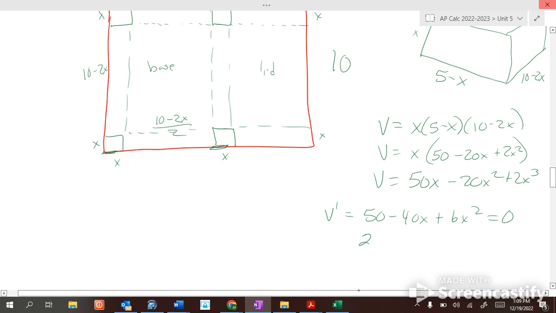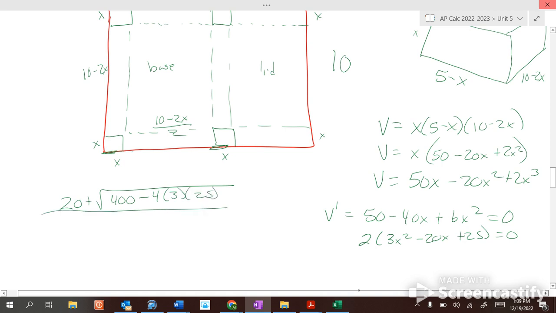So it's 2 times 3x squared minus 20x plus 25. Don't know if that factors. So doing the quadratic formula quick, negative b plus or minus the square root of b squared minus 4ac all over 2a. 4 times 3 is 12. 12 times 25 is what? 300, right?